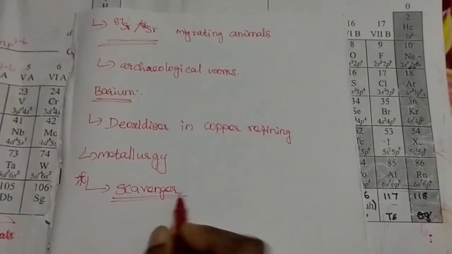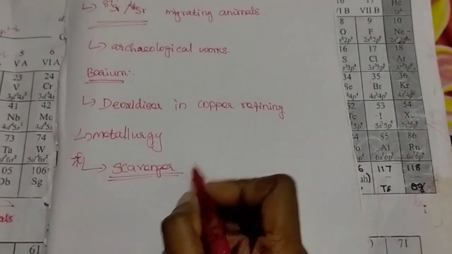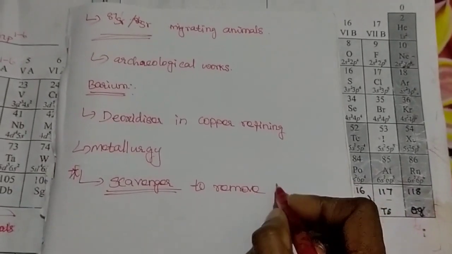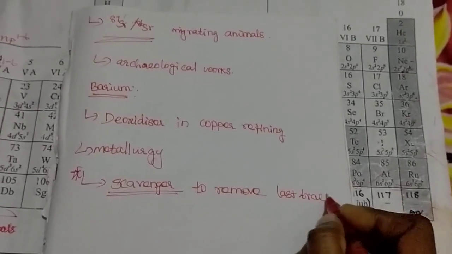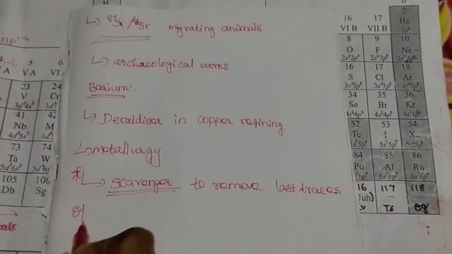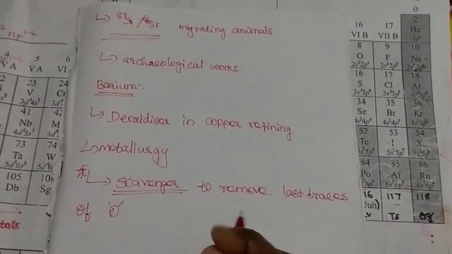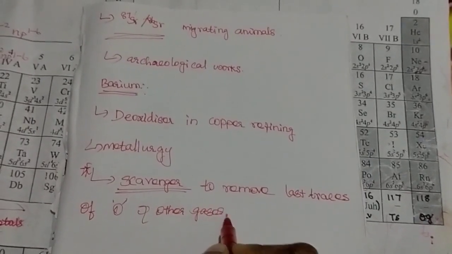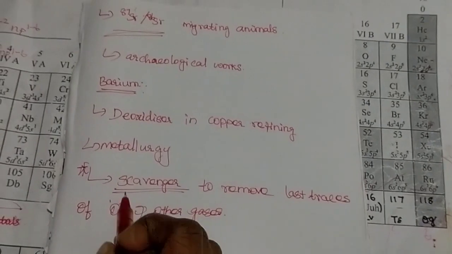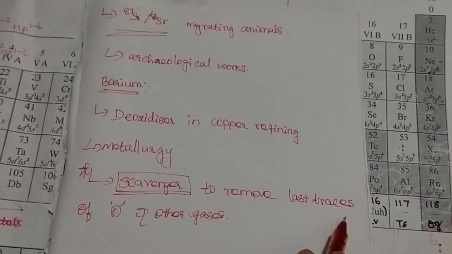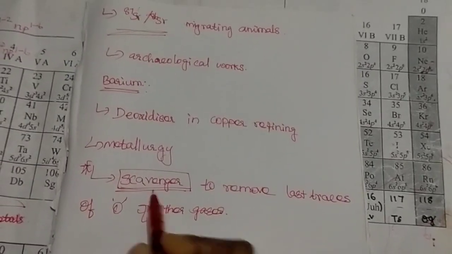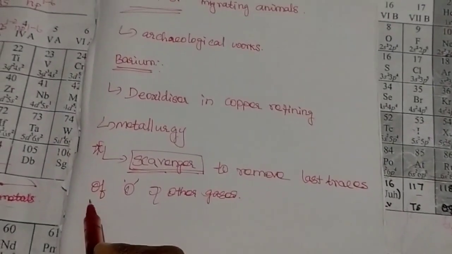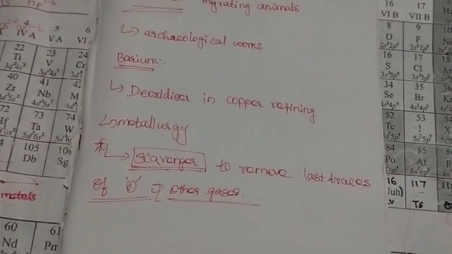So we use this barium as a scavenger in the television and some other electronic tubes to remove oxygen and some other gases.